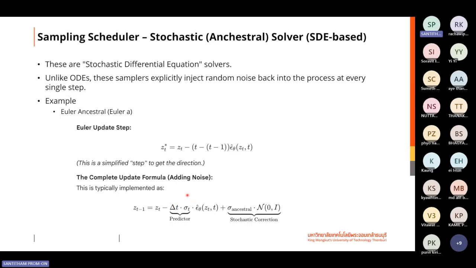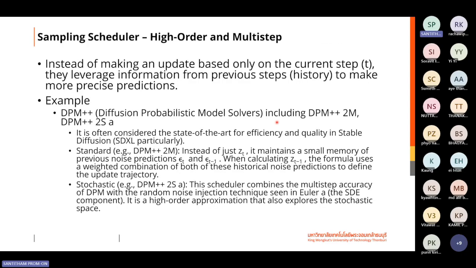The first part is the part that contains the predicted noise, but for Euler A it contains the sigma t here as well, and the sigma ancestral. Both of these are noise sampling. So it has to sample something from a normal distribution, multiply it with sigma ancestral. And this one as well, you've got the sigma t here, which comes from a random value. This is for the Euler A update.